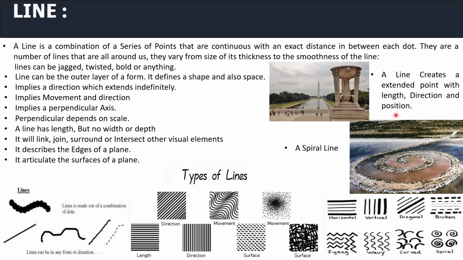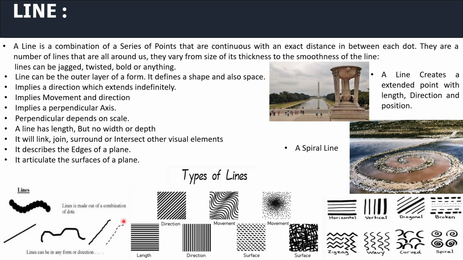So let us discuss them one by one. Now talking about line, before starting you can see there are so many line patterns over here. Okay, so line is a combination of a series of points that are continuous with an exact distance in between each dot. There are a number of lines all around us. They vary from the size of their thickness to the smoothness of the line, right?